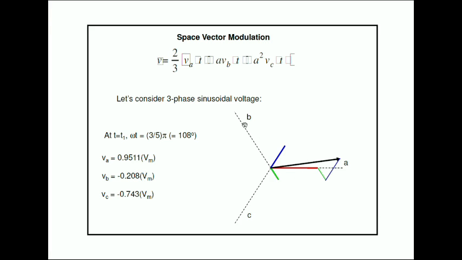It is 0.9511 times vm. Here it is minus 0.208 times vm, and this is the vc, so it is minus 0.743 times vm.